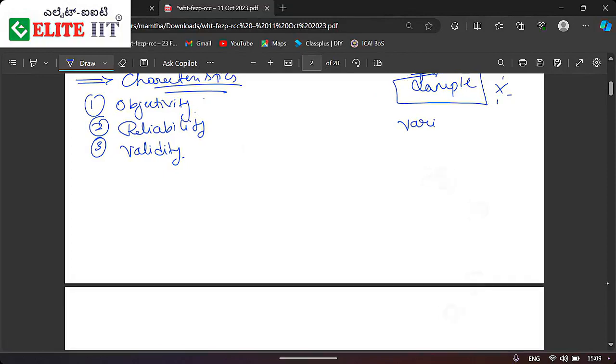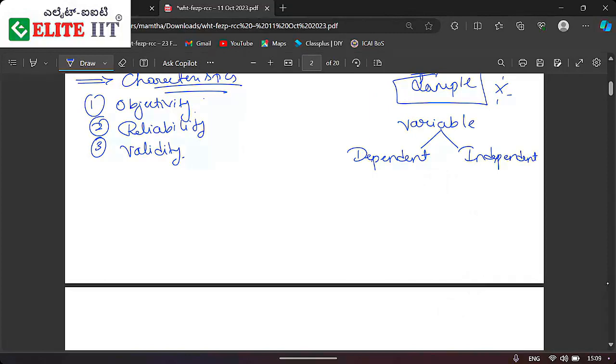I'm coming across one more concept called variable. This is also a concept we'll learn very elaborately. Let me help you understand in simple terms what a variable is. I'll just give you two variables for right now: one is the dependent variable and the other is the independent variable. For example, take COVID vaccination.